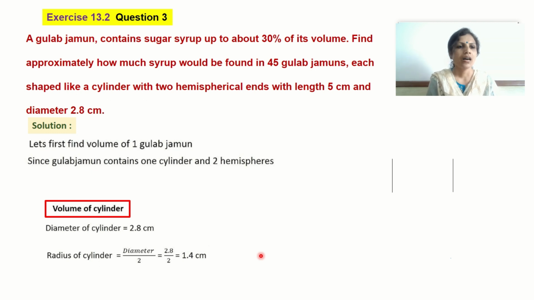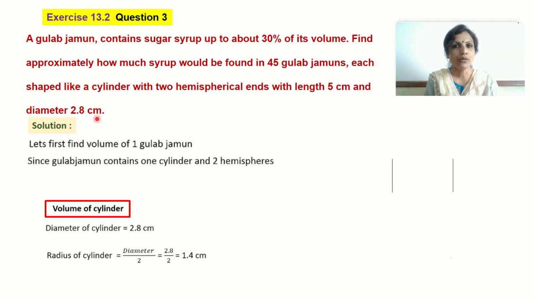Question is, a gulab jamun contains sugar syrup up to about 30% of its volume. Find approximately how much syrup would be found in 45 gulab jamuns, each shaped like a cylinder with two hemispherical ends with length 5 centimeter and diameter 2.8 centimeter.